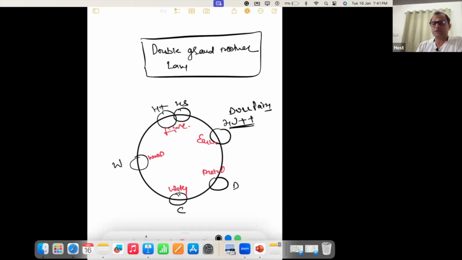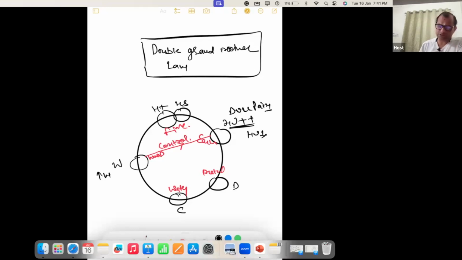Now, as per the double grandmother, we will see who is the grandmother of humidity. Tell me, who is the grandmother of humidity? Yes. So wood is the grandmother of humidity. Wood is the grandmother of it. So now very simple. Sedate humidity and tonify wind.